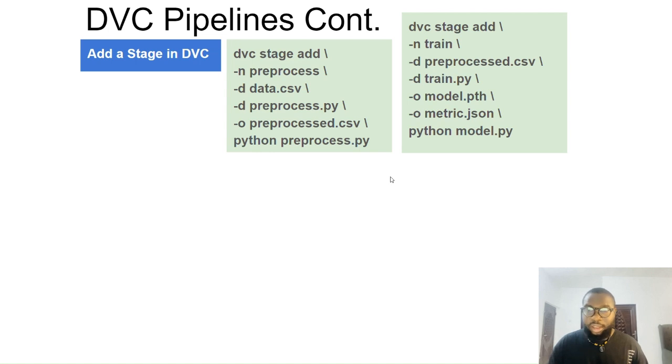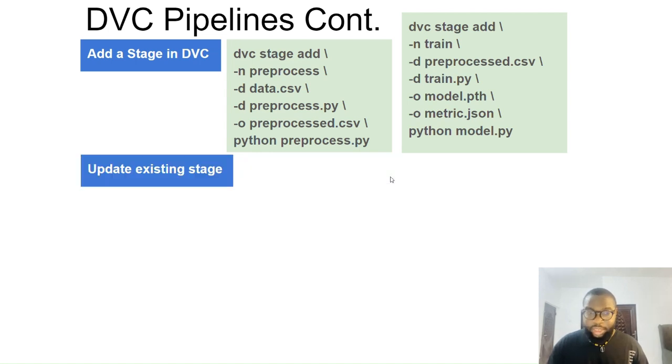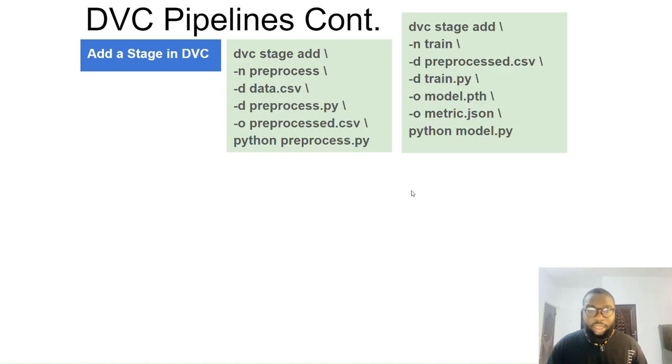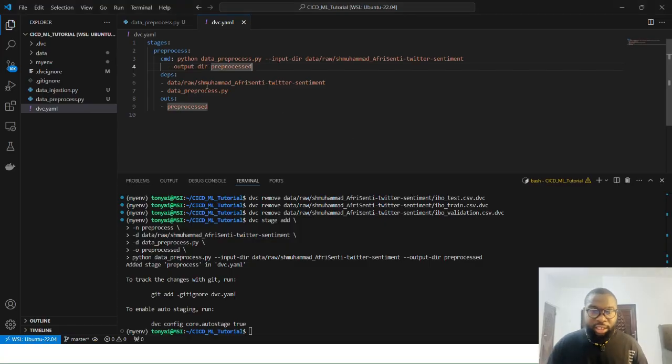Right. I have the dependencies, the deps here, the datasets, the code, the Python file that runs that code, and then I have the output, which is this guy, the folder that should be generated after this code has run, to preprocess the datasets and put them into this folder.